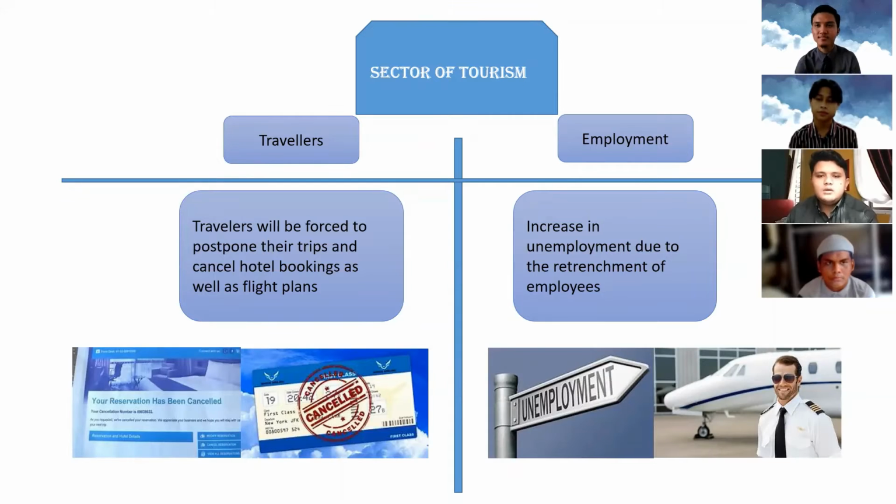Therefore, this will lower the gross domestic product as fewer goods and services can be produced in the country. Additionally, the increase in unemployment due to the retrenchment of employees by some companies will reduce the net income and thus GDP as well.